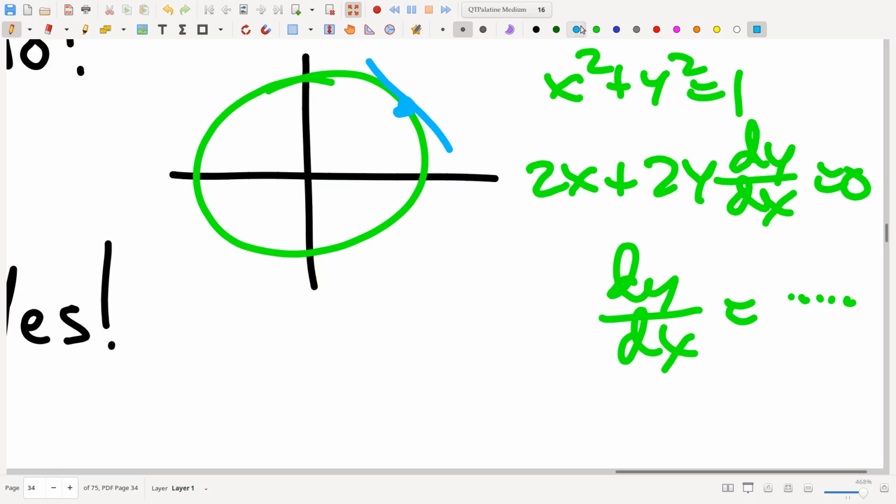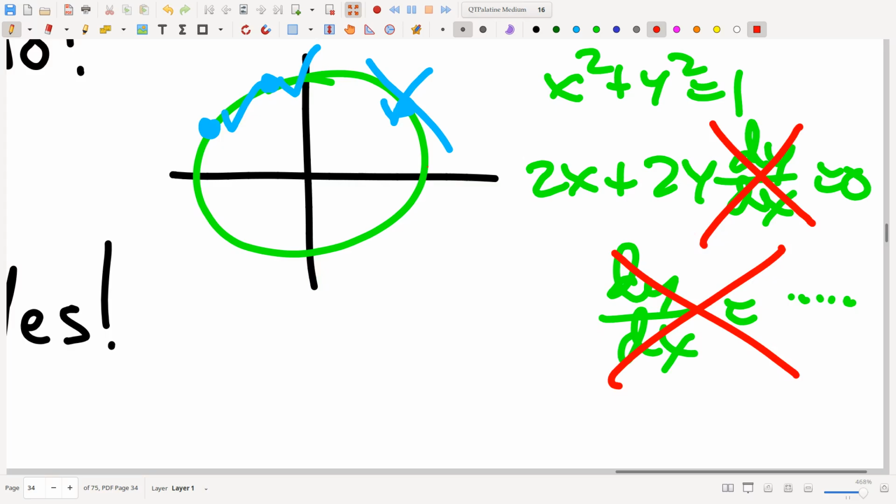Well, here's the problem. This is fine at a point like that, or at a point like that, or at a point like that, but not only is this wrong, but also that is meaningless at a point like that. At this point, not only can you not solve for dy dx, not only can you not talk about dy dx, you can't even talk about y as being a function of x, much less take a derivative of it.